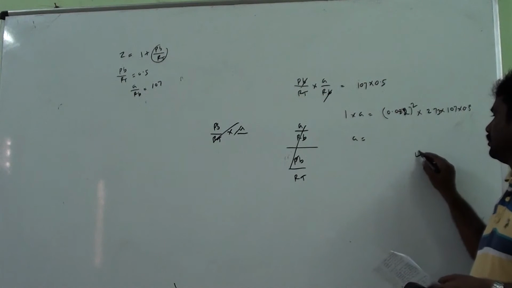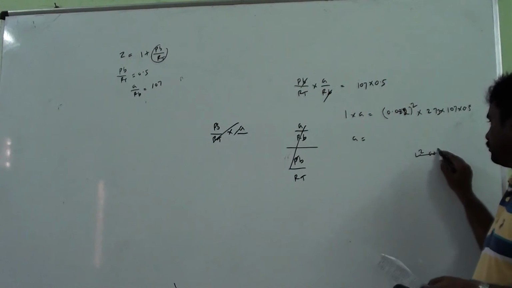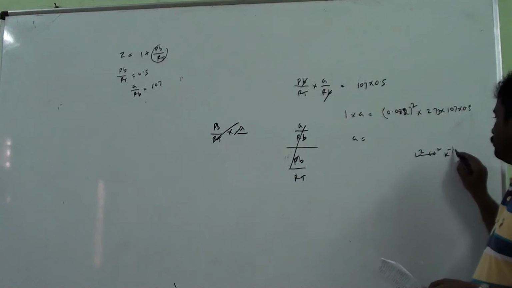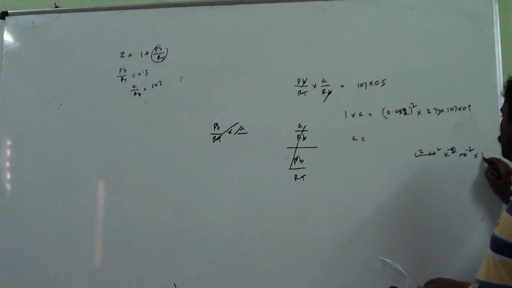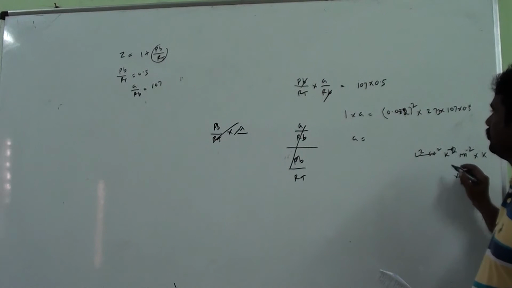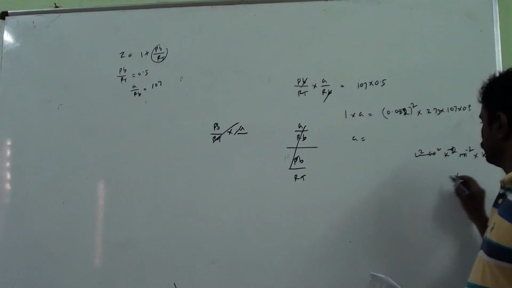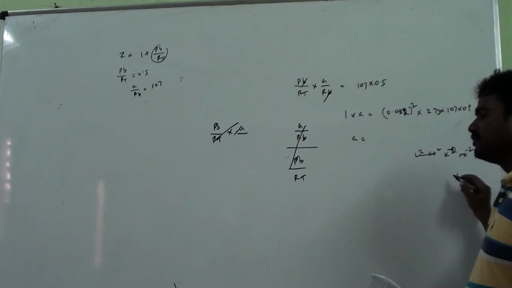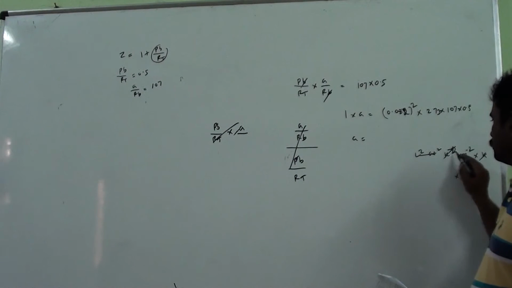Liter square atmosphere. A is liter square atmosphere per mole square, into Kelvin. Into Kelvin. 0.5 Kelvin, 10^7 Kelvin. So Kelvin square and R cancel out.